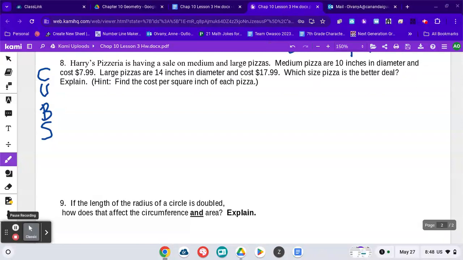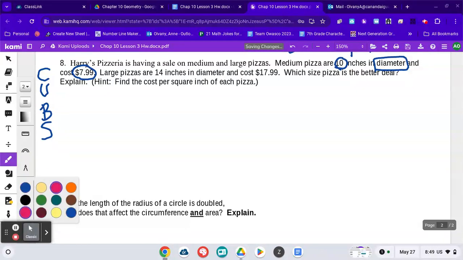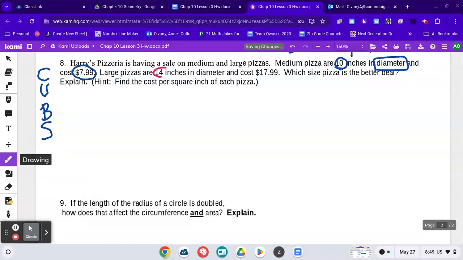Medium pizzas are 10 inches in diameter. I'm going to box that in now because that's important. And cost $7.99. Large pizzas are 14 inches in diameter and cost $17.99. Which size pizza is the better deal?